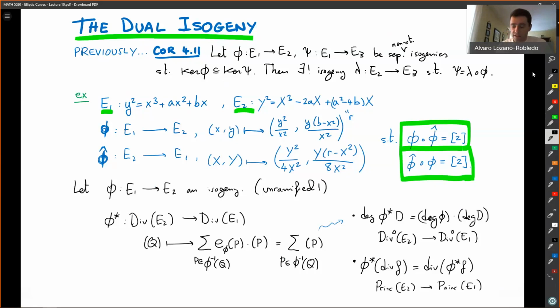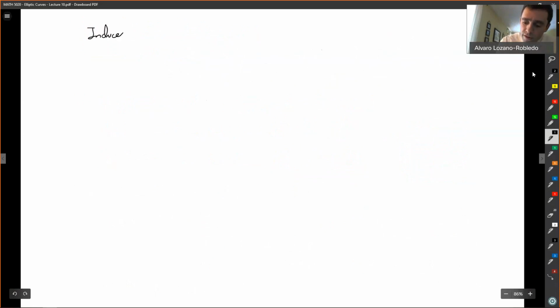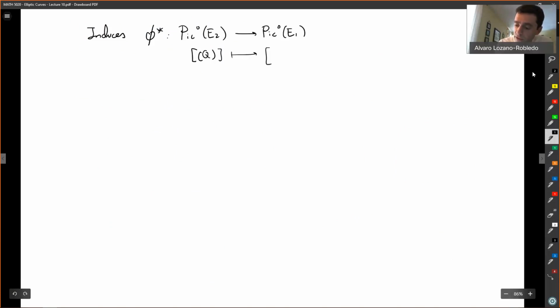What that tells me is that this map actually induces a map on Picard: a map phi star from Picard 0 of E2 to Picard 0 of E1 that sends the class of Q, say Q is on E2, to the class of the sum of points P that are in the pre-image of Q. And this is just because this map is coming from an isogeny, which is unramified.